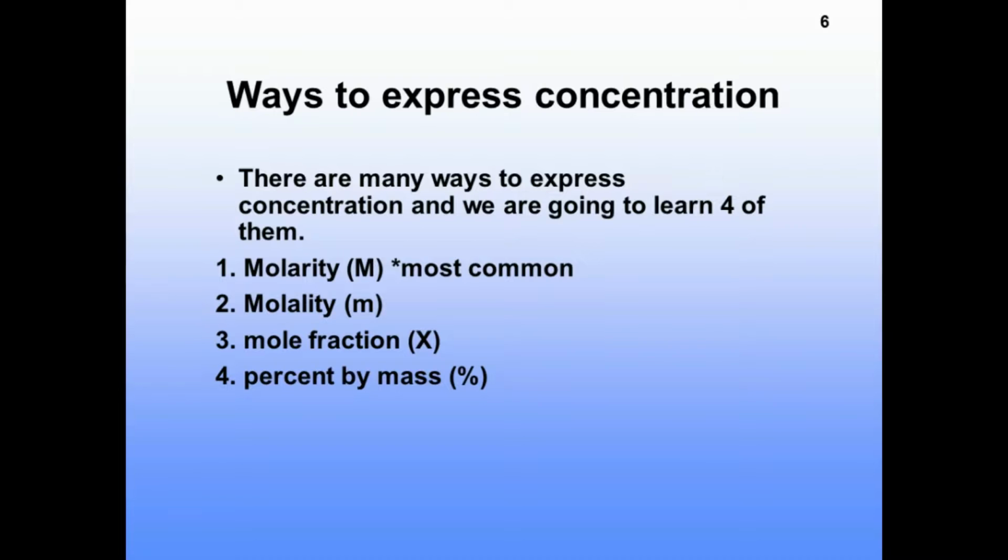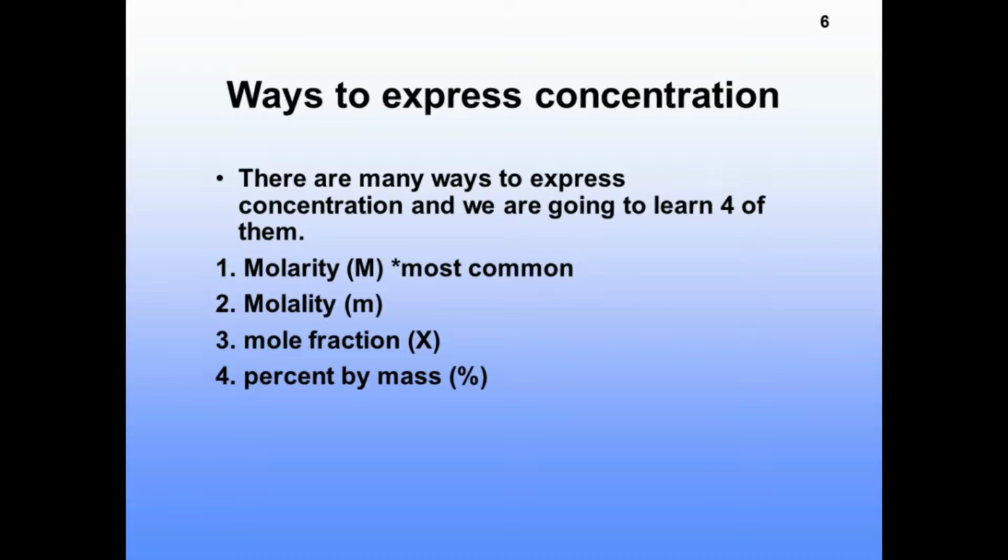The only difference is different units. Mole fraction and percent by mass. Believe it or not, percent by mass is really easy. It's part over whole times 100. So there's one you already know. It's part of your solute divided by your whole, which is the whole mass of the whole thing. So all those percent problems do come into play. Mole fraction is kind of silly, but we still have to do it out there.